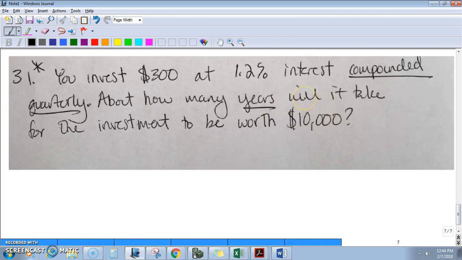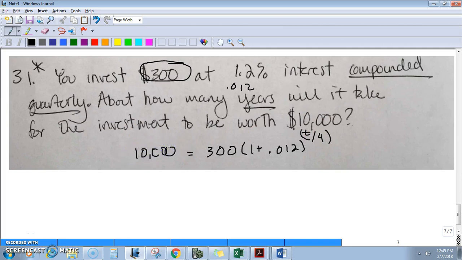If our initial investment, our principal investment, our P is $300, our percent is 1.2, which makes it 0.012, and our interest is compounded quarterly, what that means is it changes our exponent from being just t to being t divided by 4. So all that does is change our exponent, and that's going to be equal to $10,000. All right, good luck, and we will see you for the test.